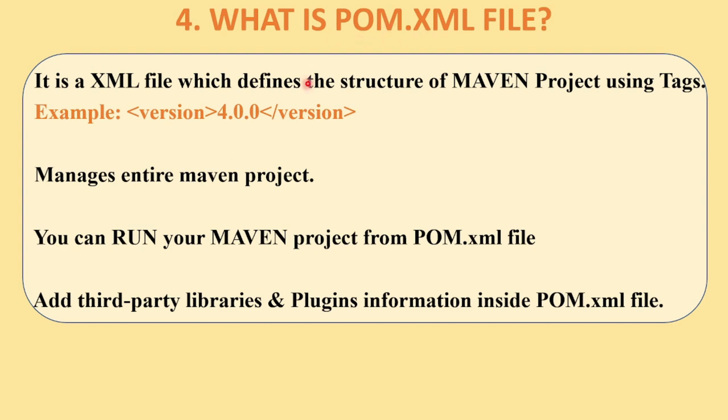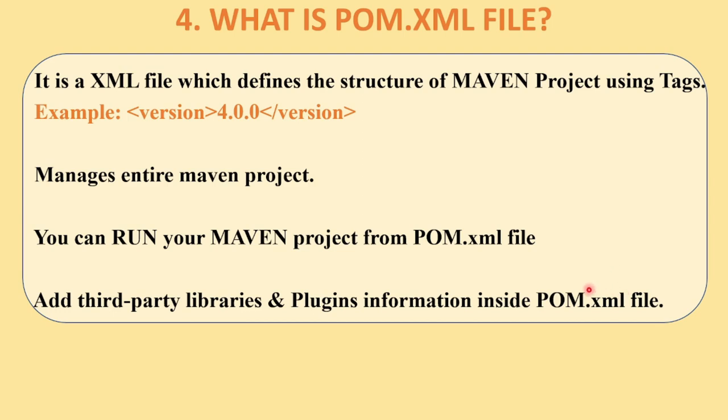So the pom.xml file manages your entire Maven project which you have created. Without this pom.xml file, the Maven project won't work successfully. You can run your Maven project from the pom.xml file. Add third-party libraries and plugin information inside the pom.xml file. You don't have to download and add any third-party libraries like a jar file or database connector file.